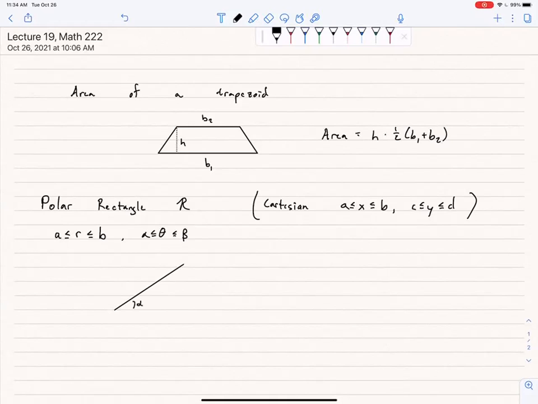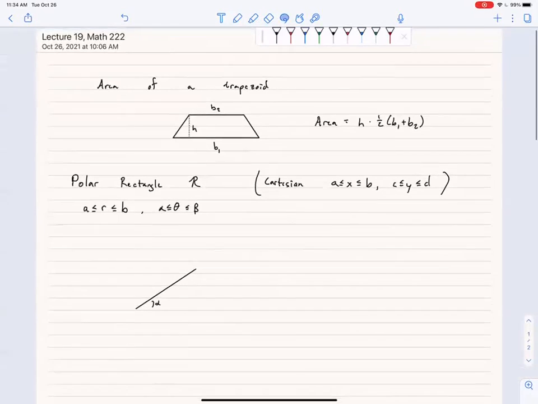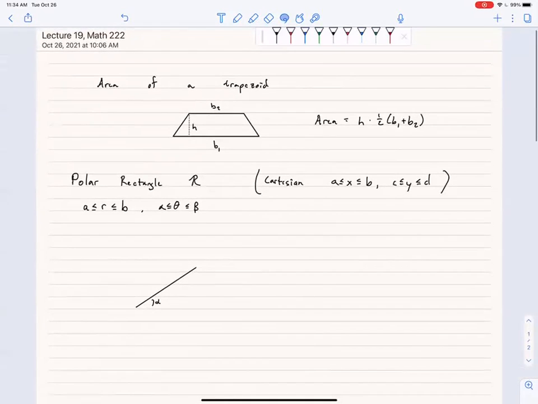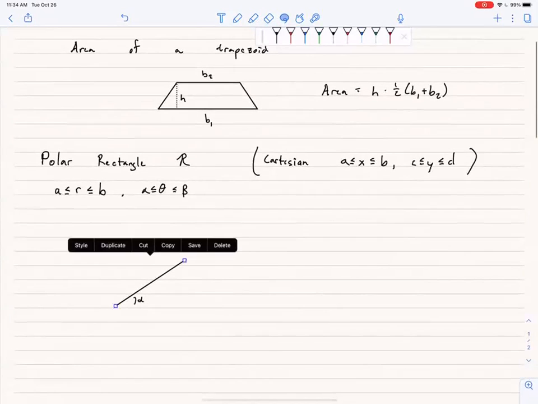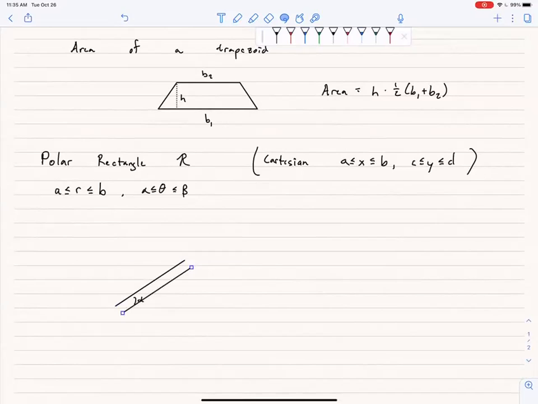Let's say this is our lower bound for theta. And then we take the same guy, duplicate it, and rotate it so that it's now theta's worth away.